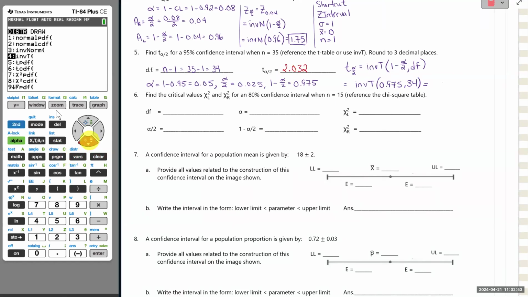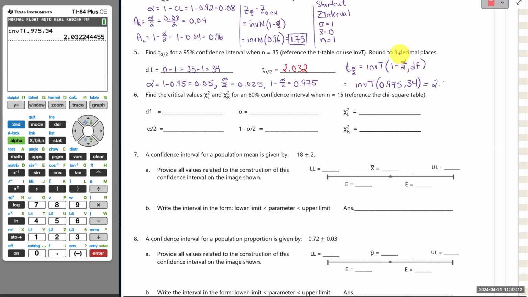And again, some of you won't have inverse t, but if you do, 0.975, comma 34. And yes, 2.032, rounding to 3 decimal places. So use the table, or if you have inverse t and you prefer, you can use that as well.